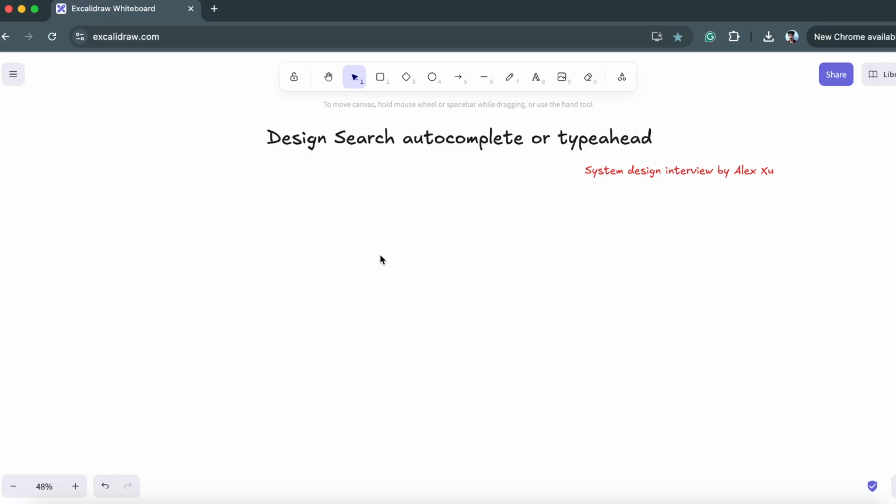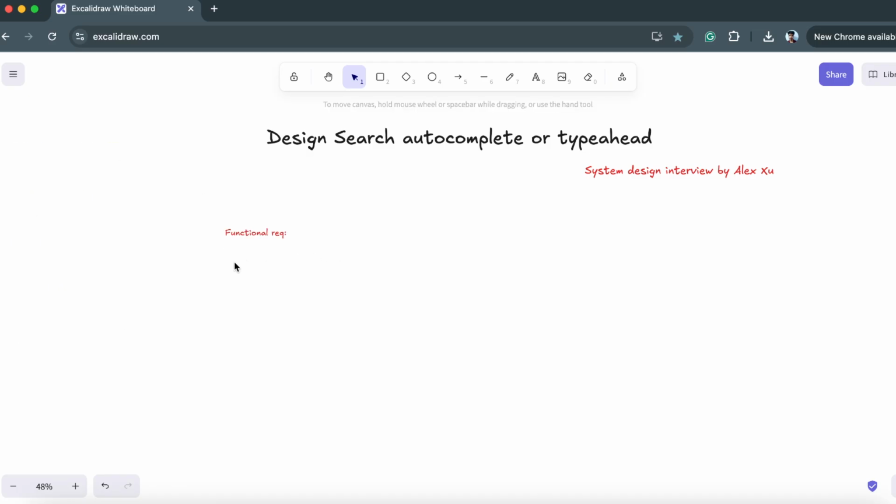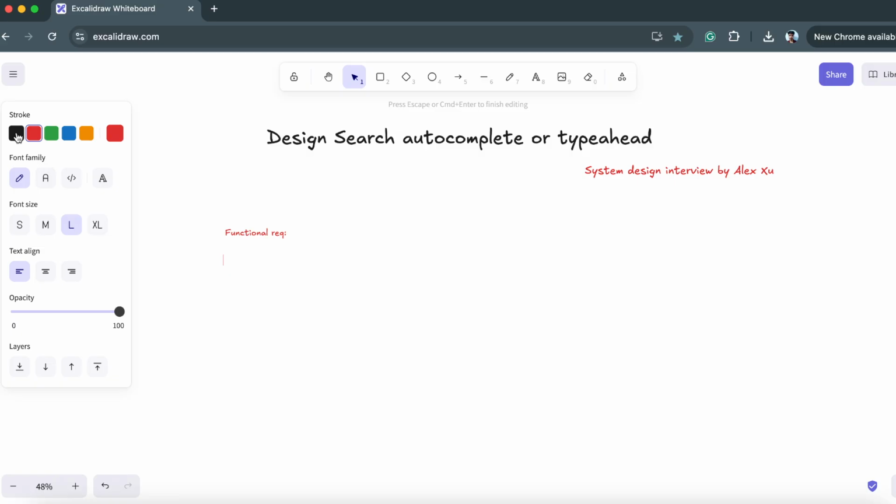So first thing is we can collect functional requirements here, and we can keep on asking questions to the interviewer. What are the functional requirements that we will be having?